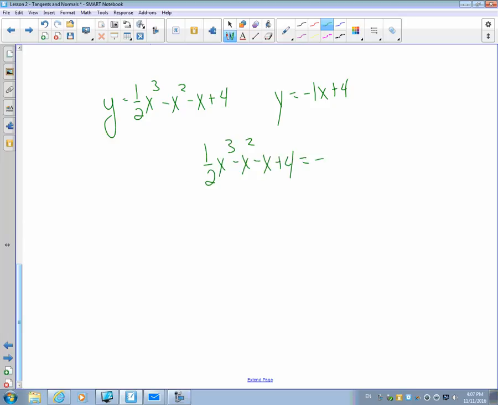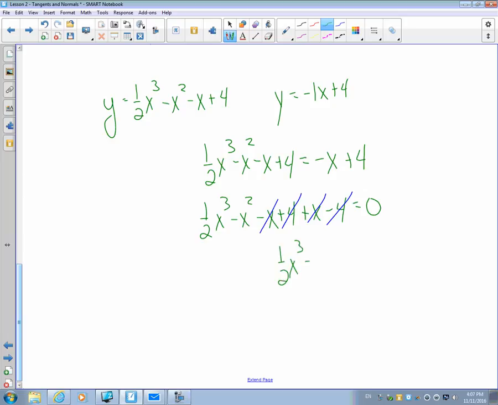One equation, the other equation. Now, something kind of cool about this equation is when I bring all the stuff on the right side over to the left and make it equal 0, we notice that this x cancels with this x, this 4 cancels with this 4, and I'm really left with just 1/2 x cubed minus x squared equals 0.